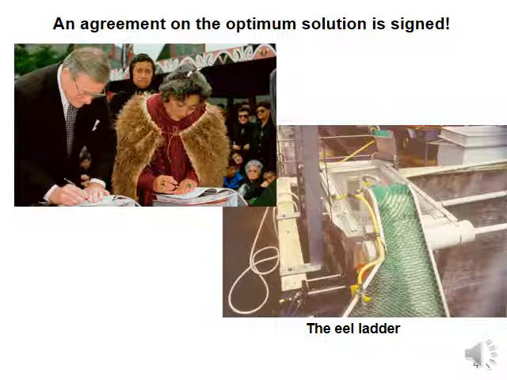And we actually volunteered to give our engineering services to designing this. So this is actually something I designed, this eel ladder that you see on the right. It's basically a way for eels to swim upstream and go around the dam. And they paid $80,000 to have this built.